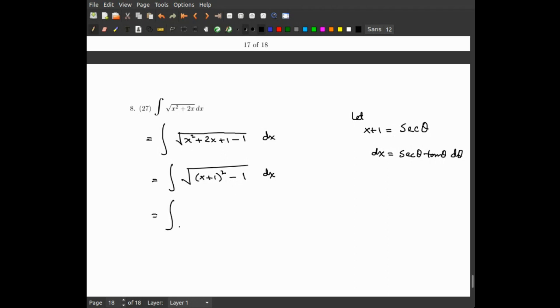Let's see whether it works or not. x plus 1 squared minus 1 is secant square theta minus 1, and dx is secant theta tan theta d theta. Now square root of secant square theta minus 1 is tan square theta, and square root of tan square theta is tan theta. So that is tan theta secant theta tan theta d theta.